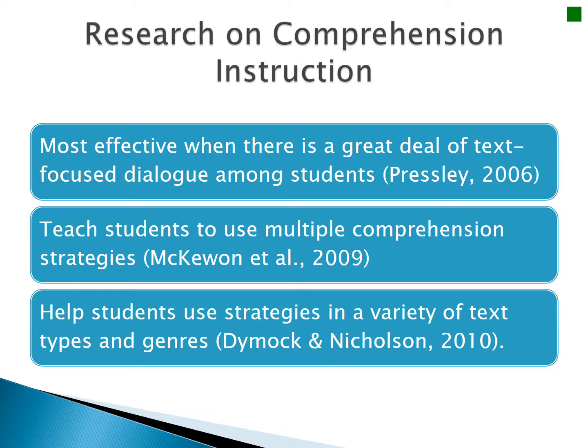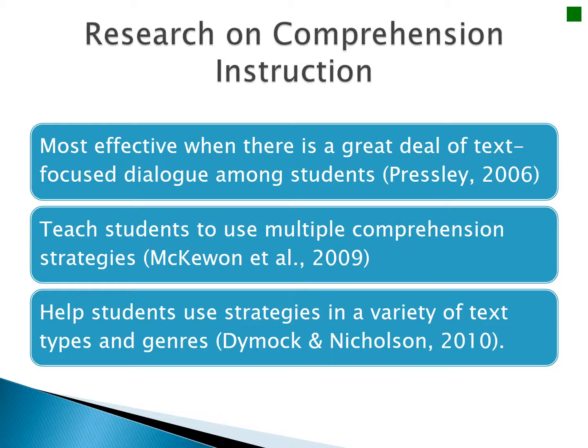We have also found from research that students who are taught multiple comprehension strategies are the most successful. And this makes sense. Instead of spending a 6-week unit just on visualizing, we know that in the brains of good readers much more is happening besides just visualizing.